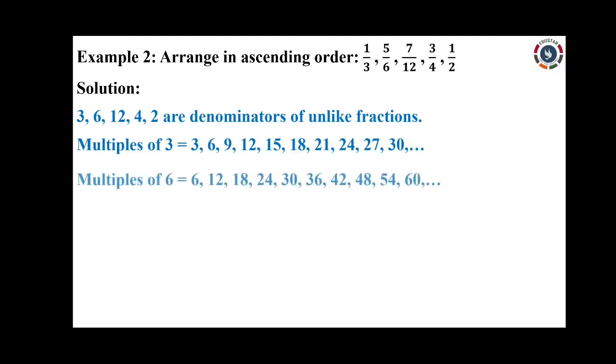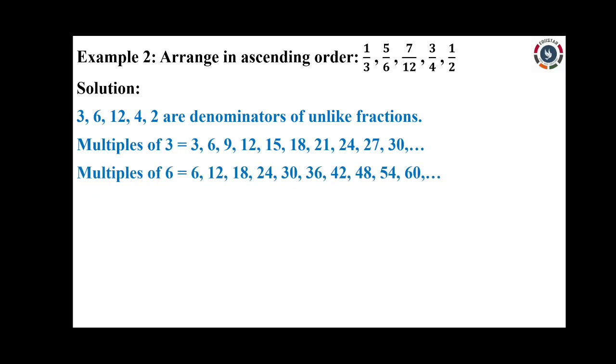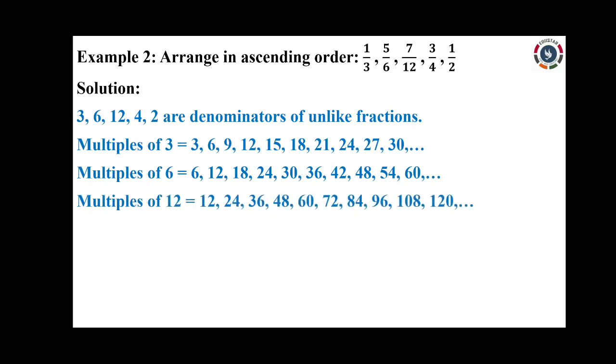Multiples of 6: 6, 12, 18, 24, 30, 36, 42, 48, 54, 60 and so on. Multiples of 12: 12, 24, 36, 48, 60, 72, 84, 96, 108, 120 and so on.